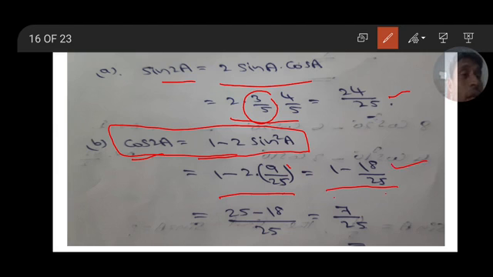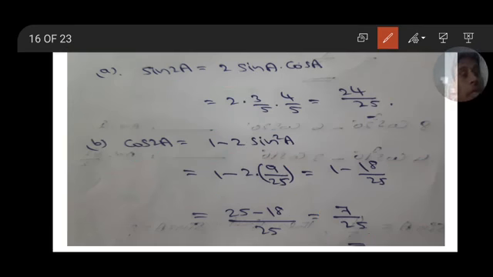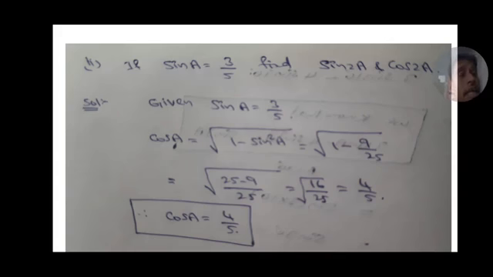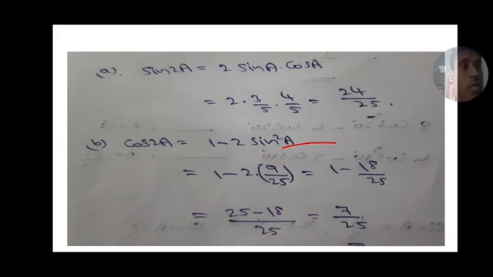LCM is 25, so 25 minus 18 by 25, which means 7 by 25 is the cos 2A value. In this, sin A is given, we found cos A value 4 by 5, then used the sin 2A formula and cos 2A formula. Next, homework problems.